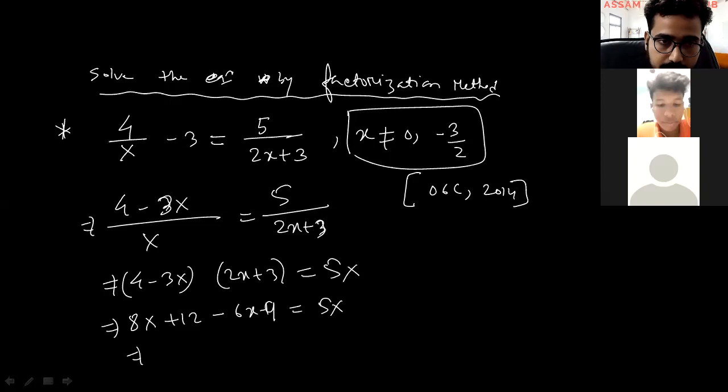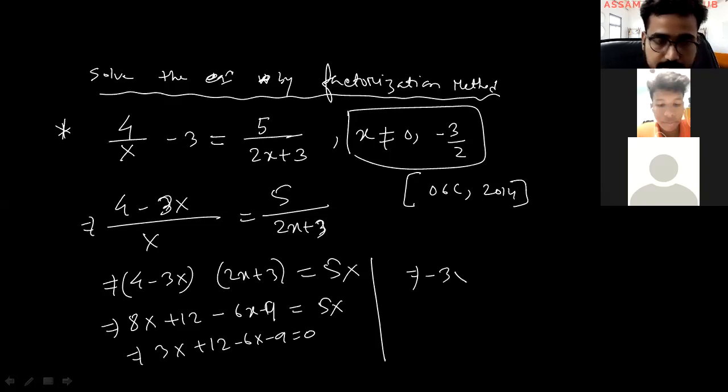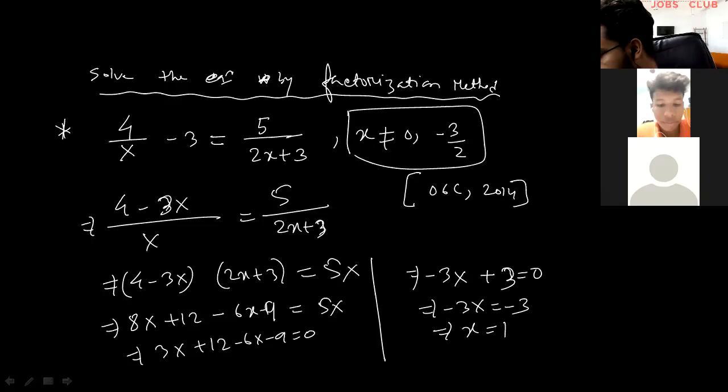If you take 5x to this side, minus 3x plus 3 will be equal to 0. So minus 3x will be minus 3, so x will be 1. So the value of x is 1.